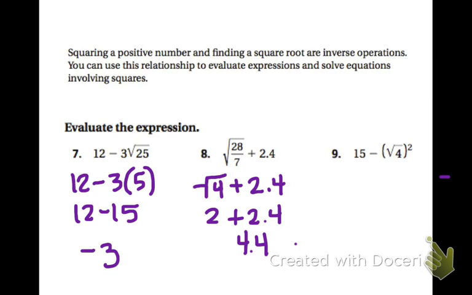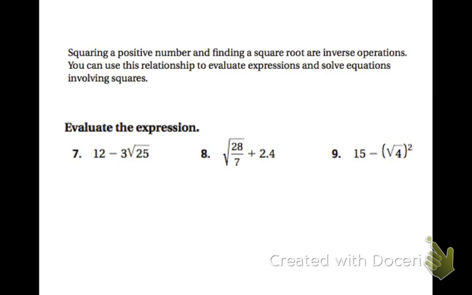In the last one, do the parentheses first, which would be simplifying the square root of 4. 15 minus the square root of 4, which is 2, and that is what's being squared. So 15 minus 4 is equal to 11.